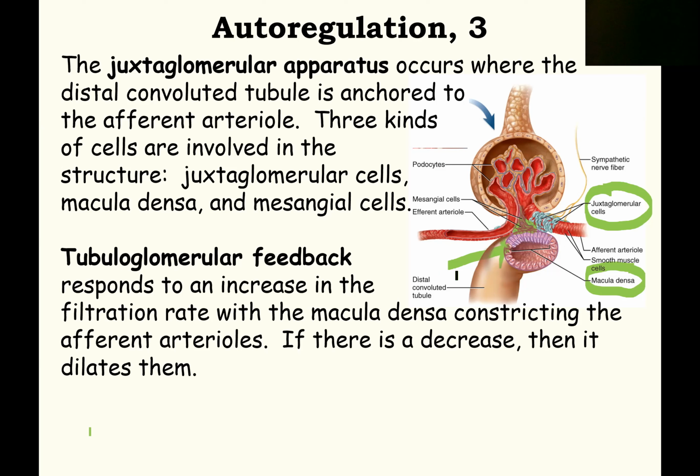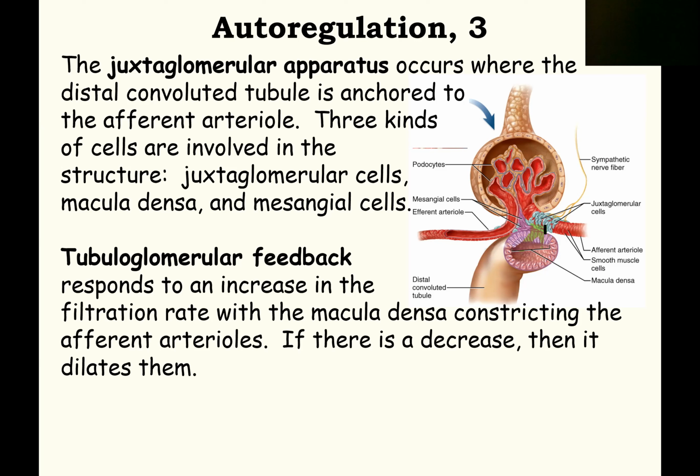Juxtaglomerular cells, macula densa, and mesangial cells. Okay, so the mechanism is called tubuloglomerular feedback. Again, every nephron has this. The mechanism is the macula densa can compress the afferent arteriole, or it can relax.